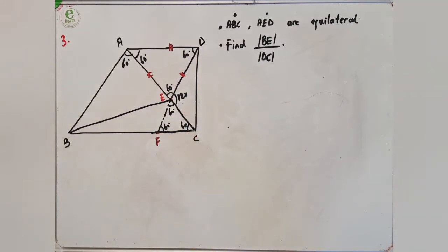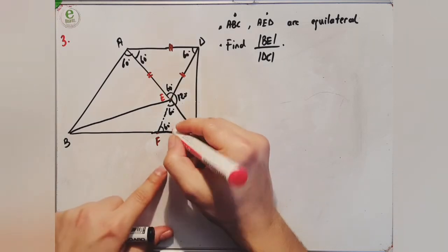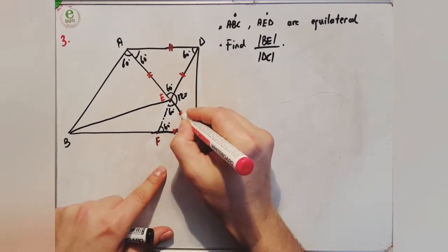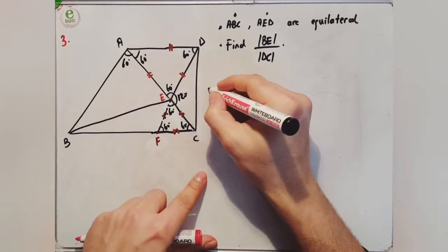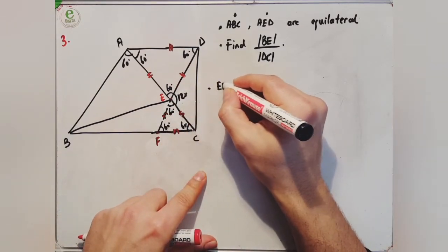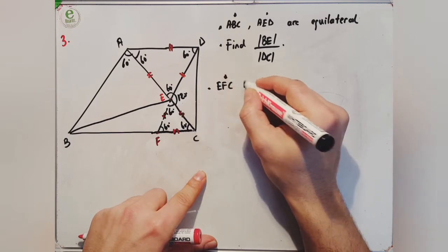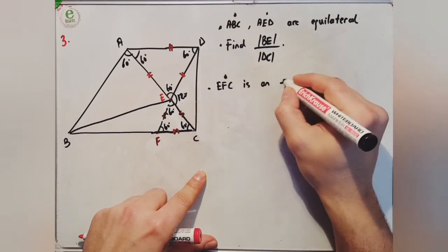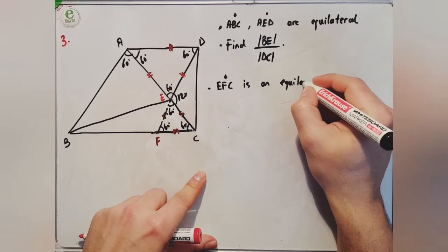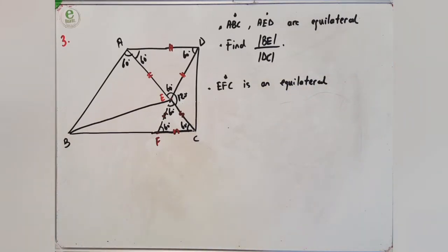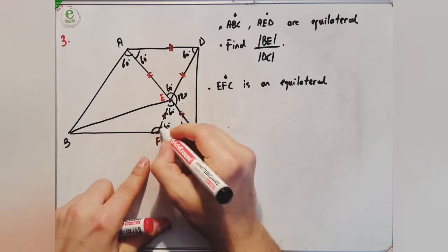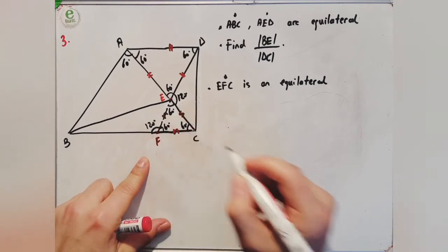Another equilateral triangle. All sides are equal here, so let me write: EFC is equilateral. Okay, so it is 60 degrees, another straight angle, it is 120.